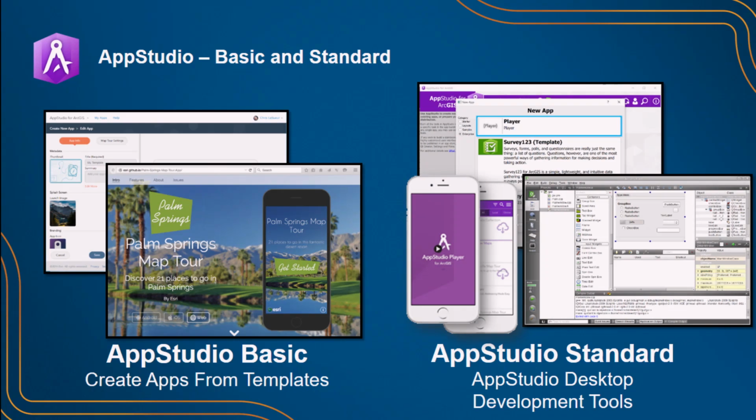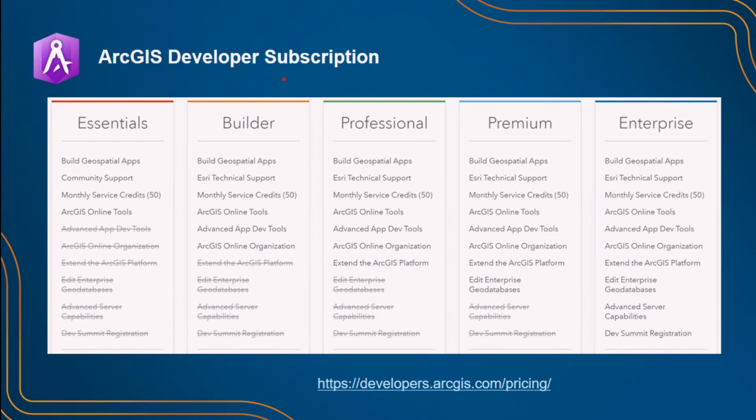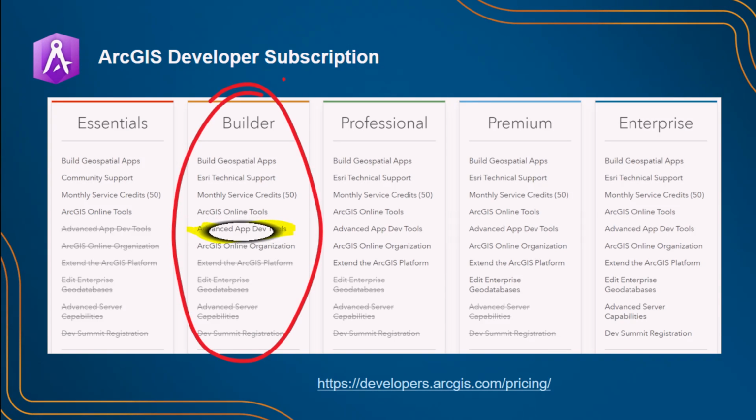I'll go a little more into how you get AppStudio Standard here, because a new developer subscription was announced at the plenary. The way you get AppStudio Standard is that you subscribe to this Builder edition. There are different levels of our developer subscription, but the Builder edition gets you AppStudio Standard and a few other things.